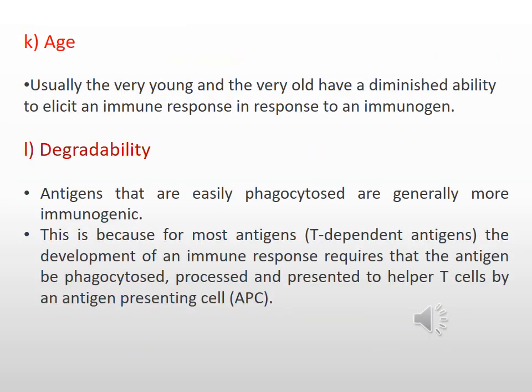Next comes the age. Now we are very accustomed to the fact that those more than 65 years and less than 10 years are not allowed to go outside, even with a mask. Why? Because old individuals and very young individuals lack the ability, or have diminished ability, to produce a proper immune response against certain immunogens. So the extremes of age group may be due to lack of proper maturity or due to senile degeneration.